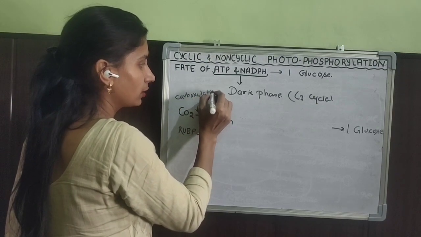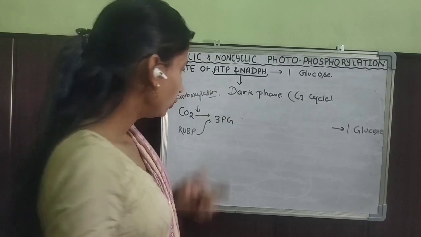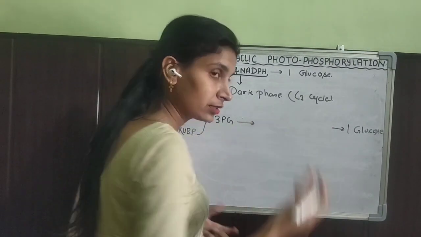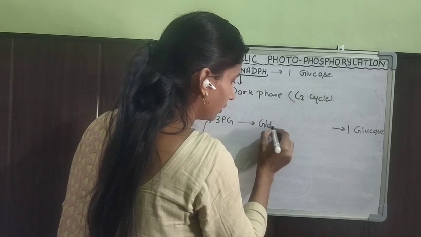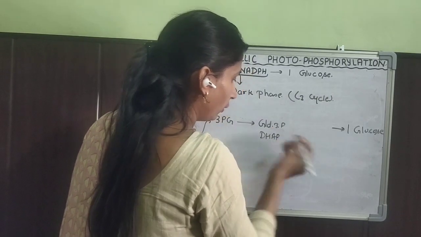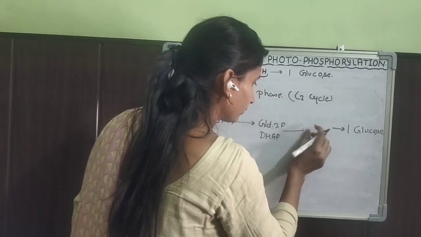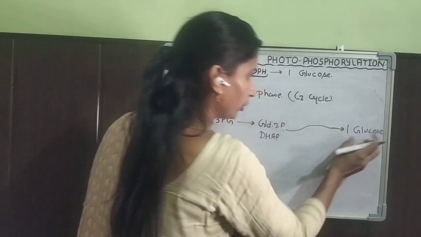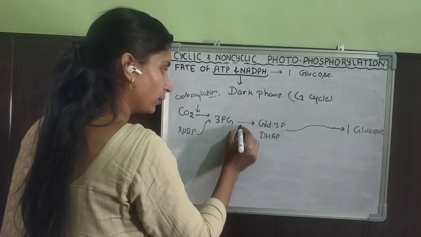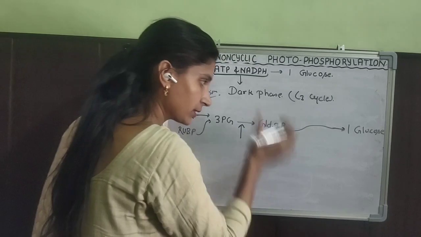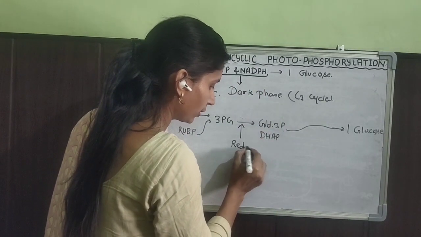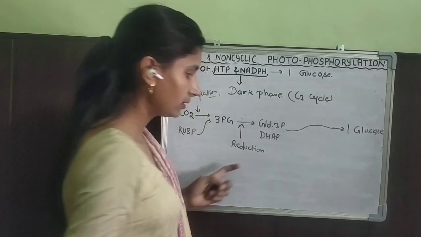Then the 3-phosphoglycerate gets converted into glyceraldehyde 3-phosphate or dihydroxyacetone phosphate, which further gets converted into glucose. The conversion of 3-phosphoglycerate into glyceraldehyde 3-phosphate is known as the reduction phase.